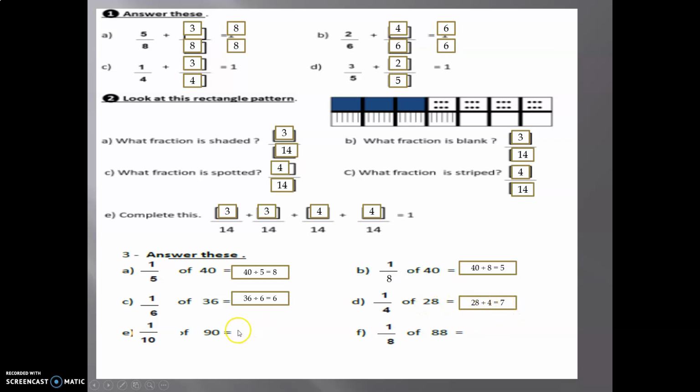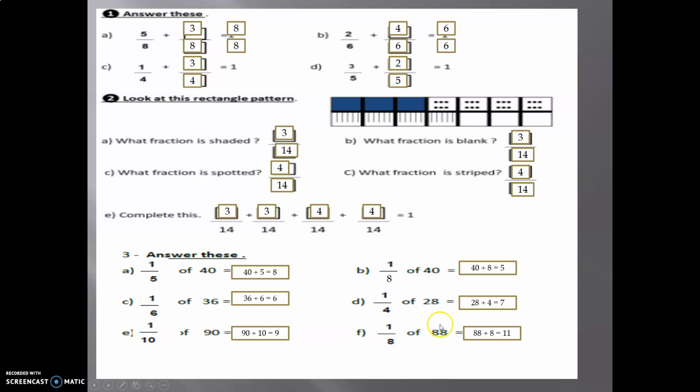Let's go to number E. 1/10 of 90. So now I need to do what? Divide 90 by 10. 90 divided by 10 equals 9, because 9 multiplied by 10 gives you 90. So 1/10 of 90 is 9. Okay, 1/8 of 88.